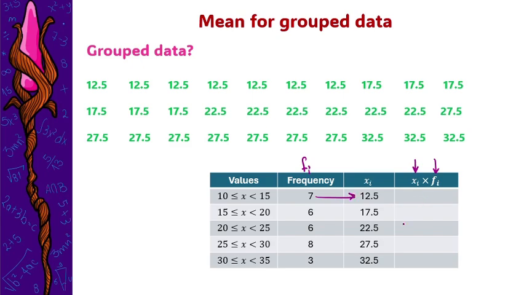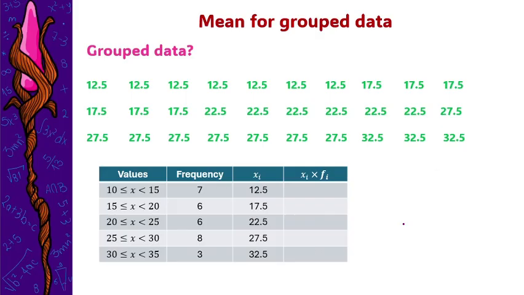Okay, let's move this table a little bit and start to calculate them. 7 times 12.5 is 87.5. This one is 105, 135, 220, and 97.5. In the mean, we need to add all of them. So we usually do the sum of all the values.